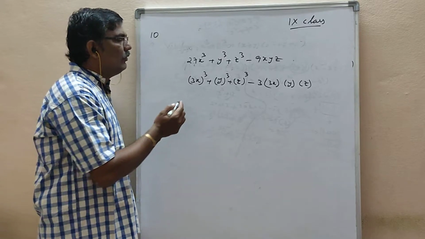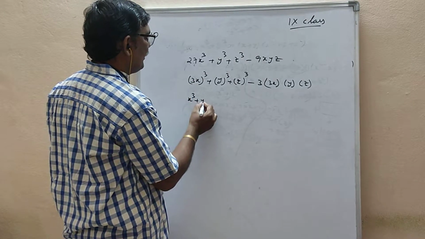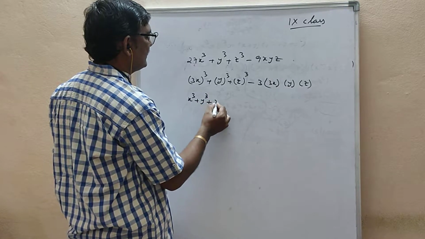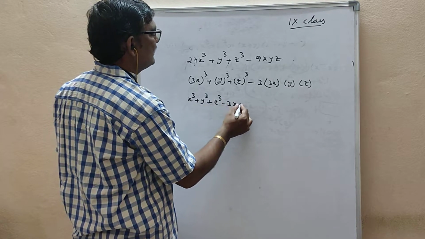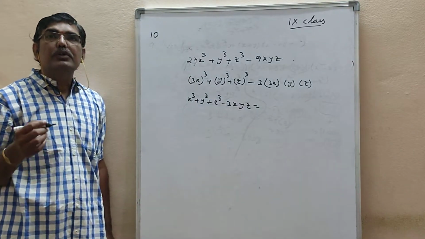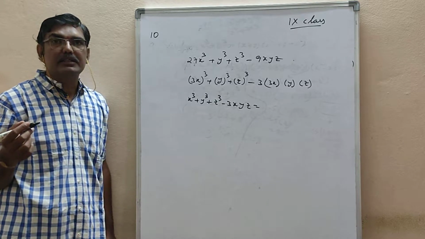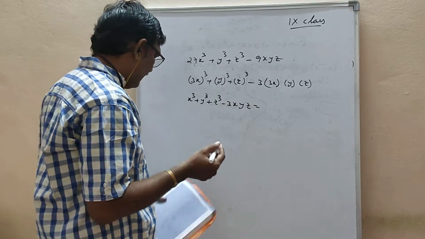Okay. Now, how is it? It is looking like x cube plus y cube plus z cube minus 3xyz. It is there like this. So you should know that any formula like this one means you will get one identity.